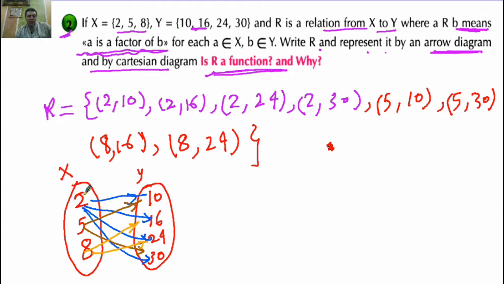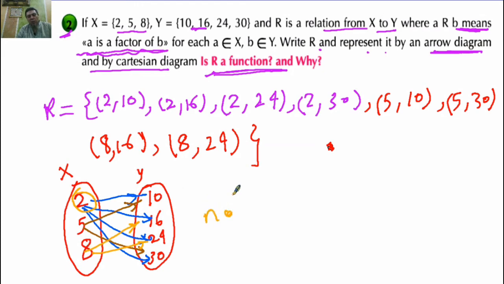As we notice, this relation is not a function, and we have three reasons. Element 2 has more than one arrow. Element 5 has more than one arrow. Element 8 has more than one arrow.